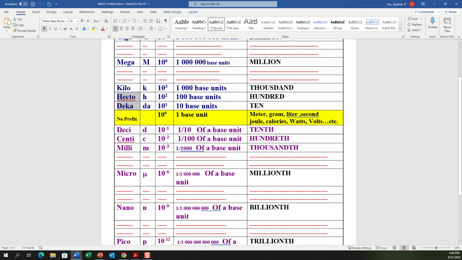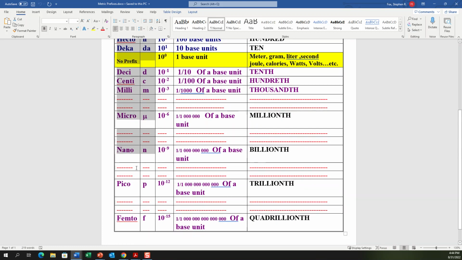But you will see all the other ones between mega and nano. Now, sometimes we'll talk about picometers when we're talking about lengths of bonds, but we're not going to hold you responsible for that in metric conversions.